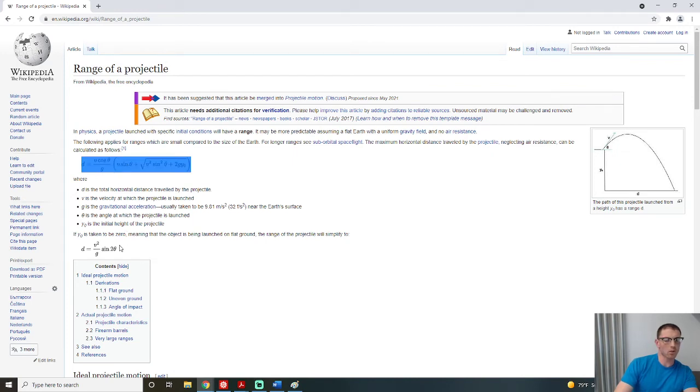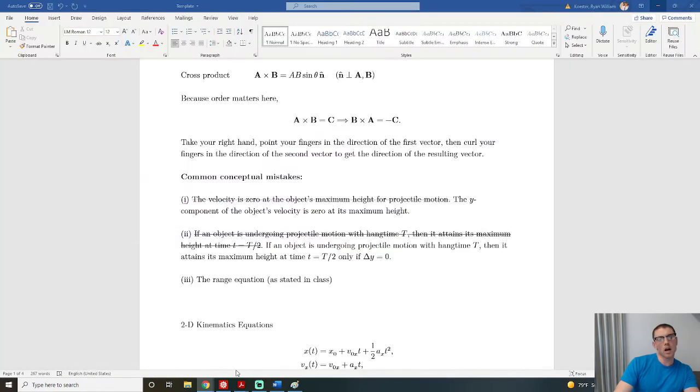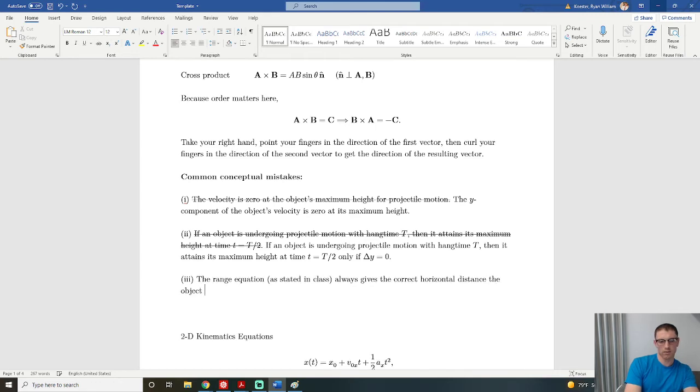This is the one that we're talking about. So I just want to make sure that everybody knows this is the one we're talking about, not this one, because this one actually will always work for you if you're neglecting air resistance. So the range equation, as stated in class, always gives the correct horizontal distance the object travels.